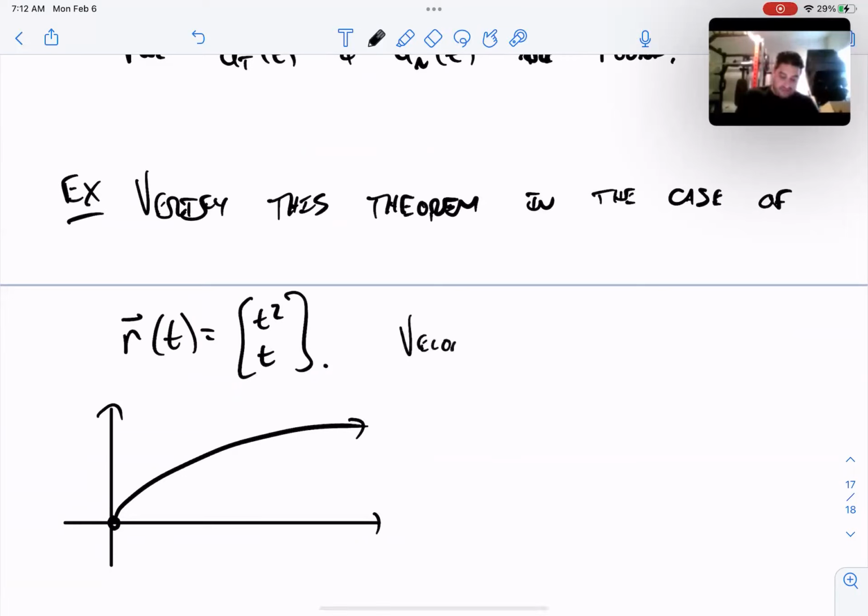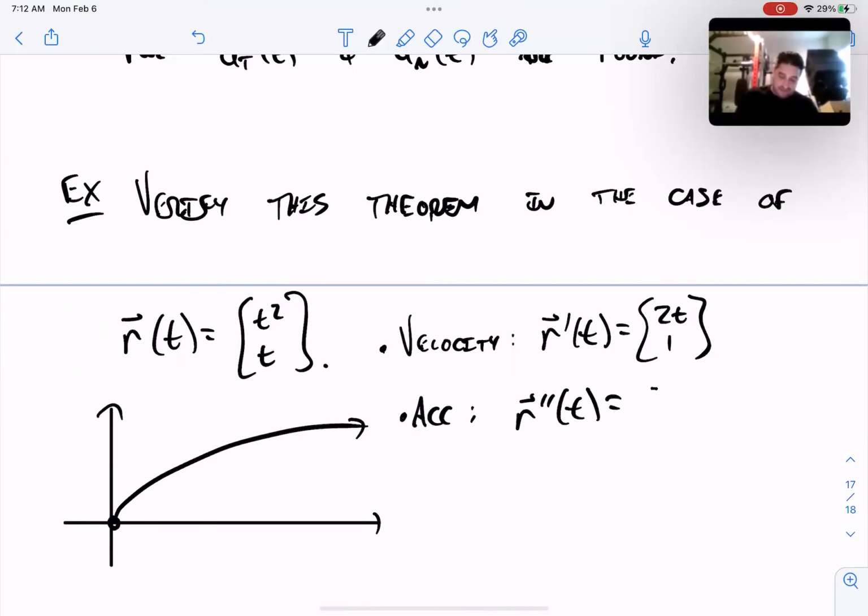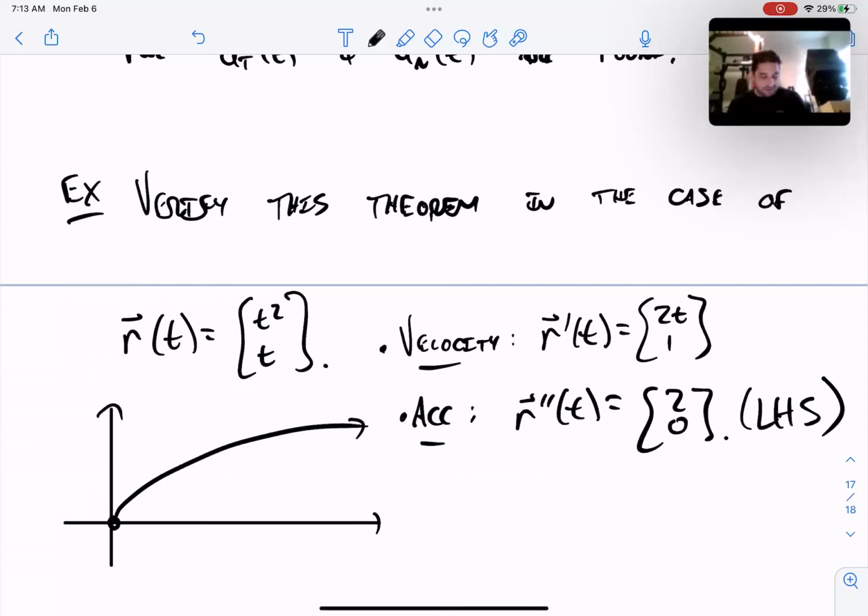The right-hand side is an epic endurance log, the left-hand side is quick. So this is 2t, 1 is the velocity, and then acceleration is just 2, 0. So there's the acceleration. That's the left-hand side of the theorem.